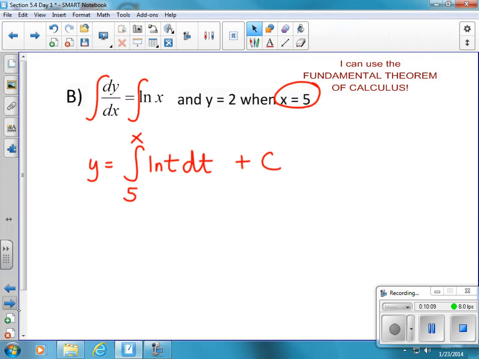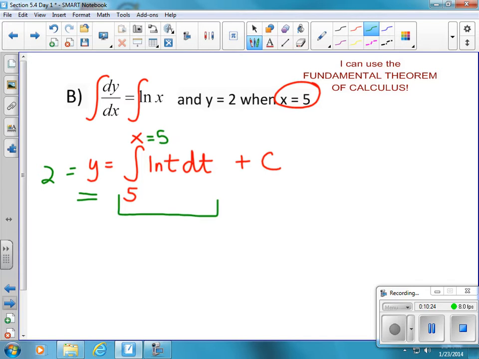Okay, and then what we're going to do is say, how can we make y equal to 2? Well, we're going to try x equals 5, which is what x has to equal. So when you go from 5 to 5, the area under here is 0.